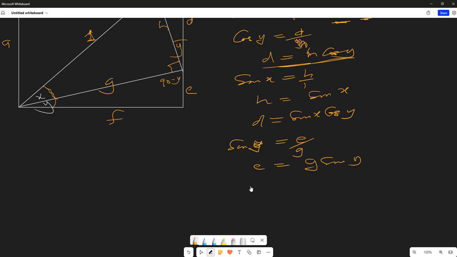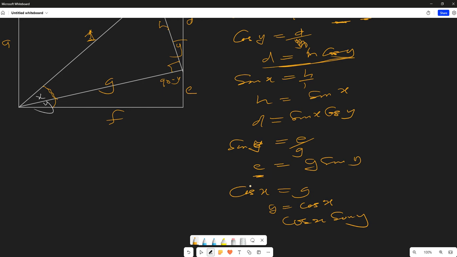We can find an expression for J by using cos. Cos x is equal to J over 1, which is still J. So it means J is equal to cos x. So our E now becomes cos x sine y.